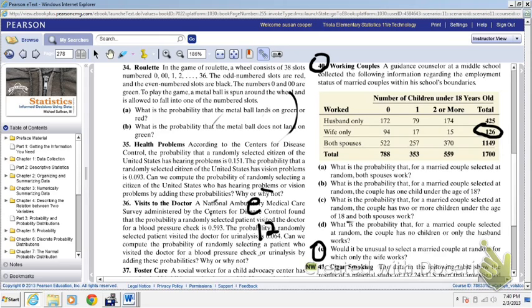So for part E, that's 126 out of the total sample space, the 1700. Let's look at the decimal. You get about 0.074. It's not less than 5%, so according to the author, so that we get the homework right, we're going to say that's not unusual. It's not less than 5%.